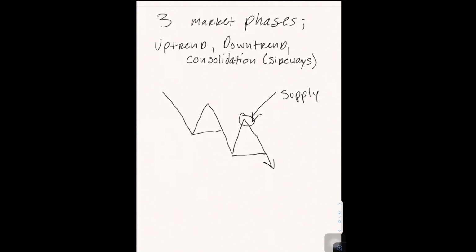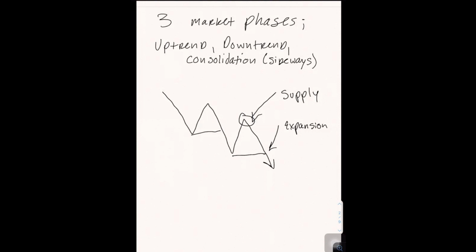And each time we get an expansion into a new low, the market pushes further. The asset depreciates. So in an uptrend, buyers are in control. It's a pattern of price moving upwards based on supply and demand. In a downtrend, we see sellers in control, creating lower highs to lower lows and expanding downwards.